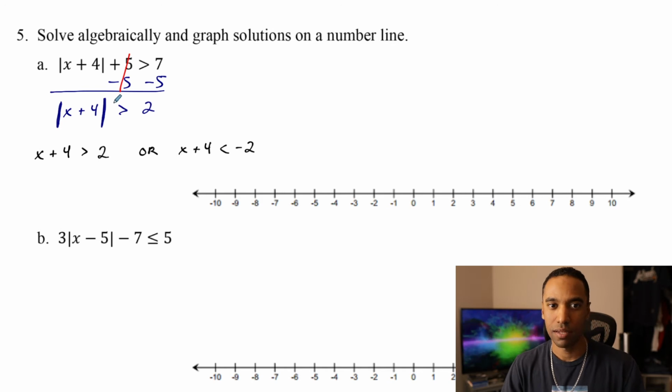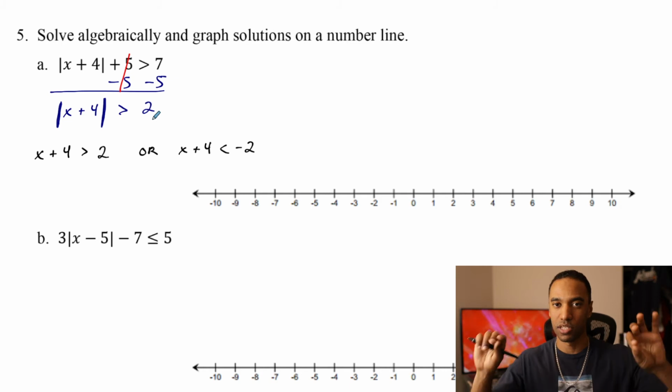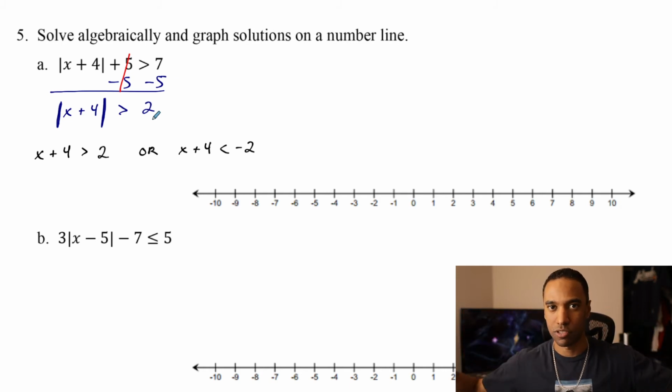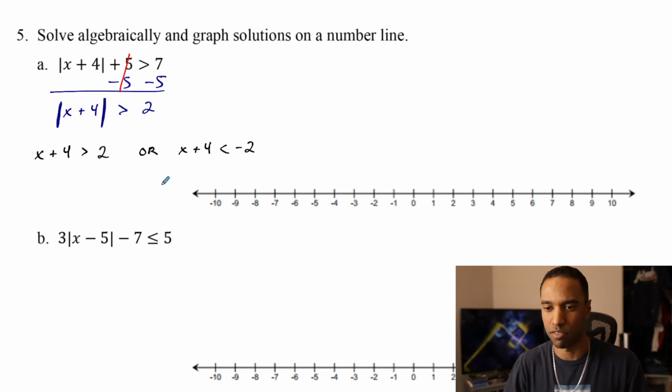So notice if you have an absolute value greater than some positive number here, we're going to change the signs to negative 2, and then this greater than is going to flip to a less than on the other side. And I got to use this or thing, because this is going to split to the left and right here. We're going to have 2 different conditions, and we can double check some of these, but I told you about negative and positive 10.